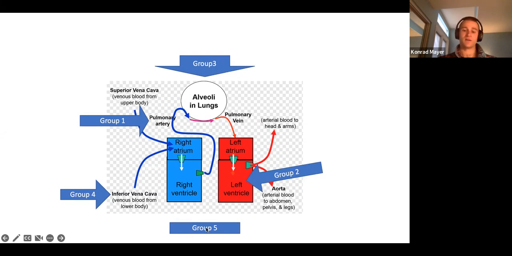And then 5, the unclear group and infiltrative group, for example, sarcoidosis. So how do we treat all these different approaches? They're very different.